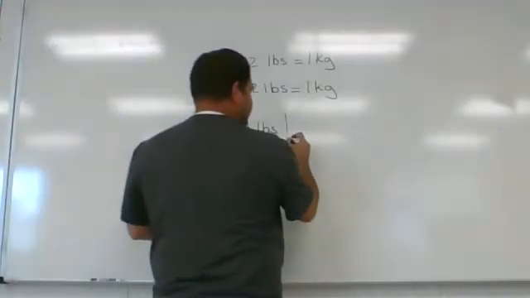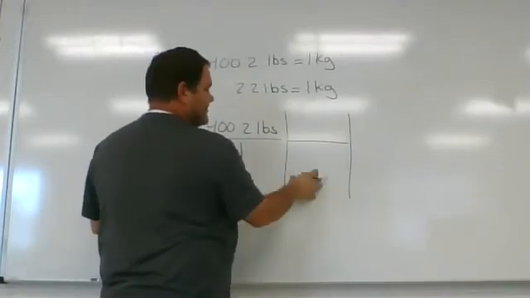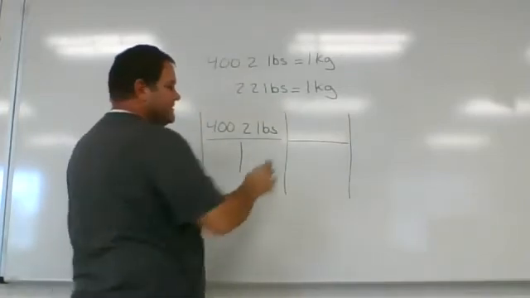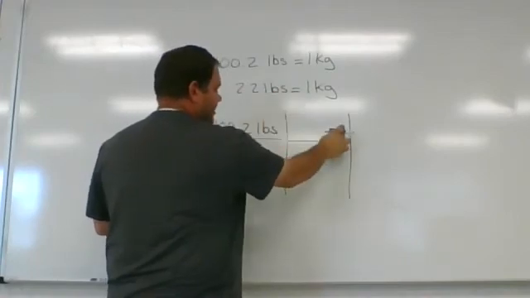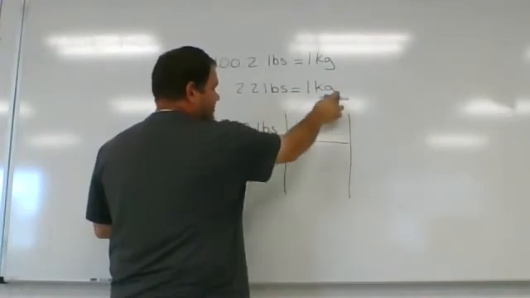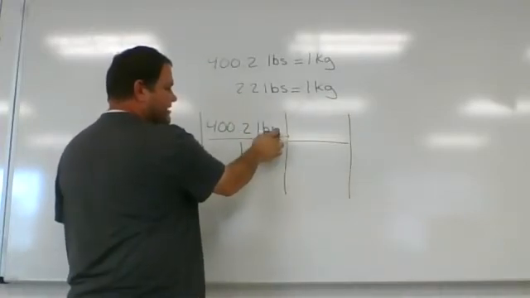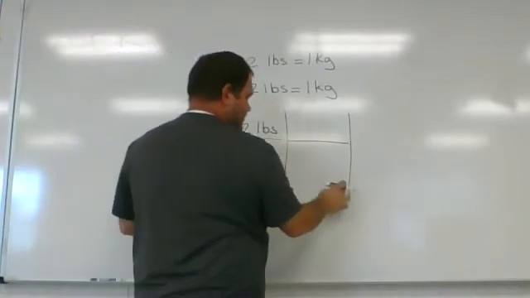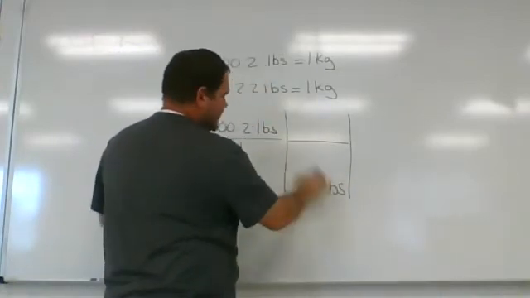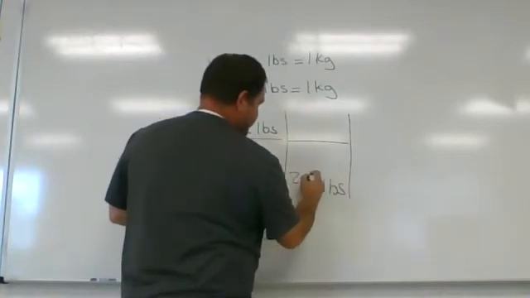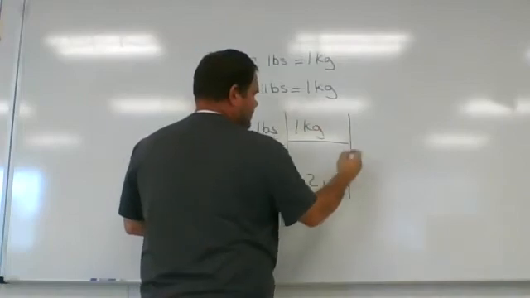And then right next to it, I'm going to make my second bracket, and that again is going to be my conversion factor. And I need to decide, do I put the pounds top or bottom, or the kilogram top or bottom? Well, since this is pounds and I want to get rid of pounds, I need to put pounds so that it is diagonal of one another so that they cancel out. So I'm going to put 2.2 pounds there and 1 kilogram on top, right?